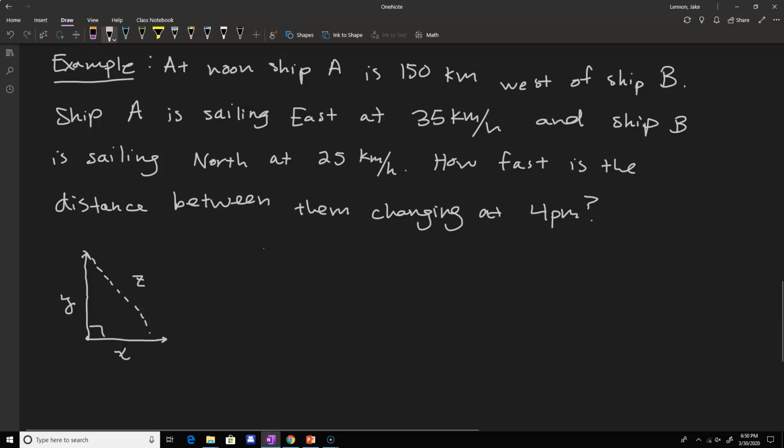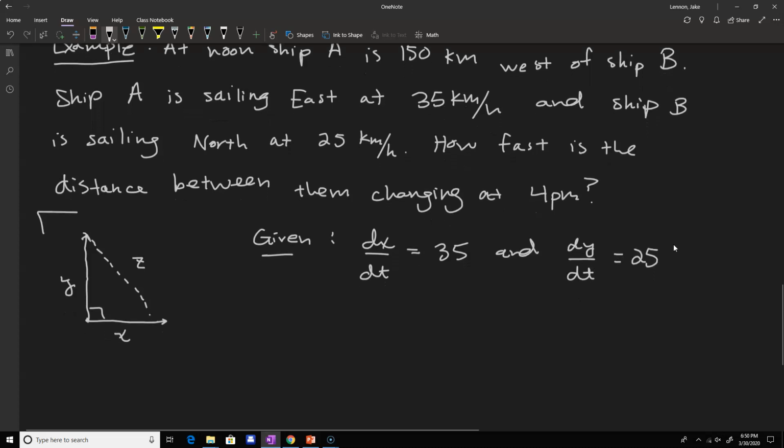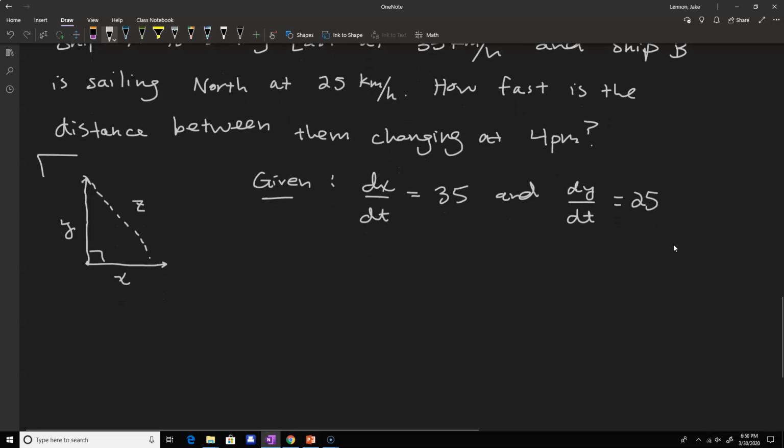So what are we given? We're given dx/dt and dy/dt. We know that dx/dt is equal to 35, and also we know dy/dt is equal to 25. And then what else? Well, we want to know how fast the distance between them is changing.